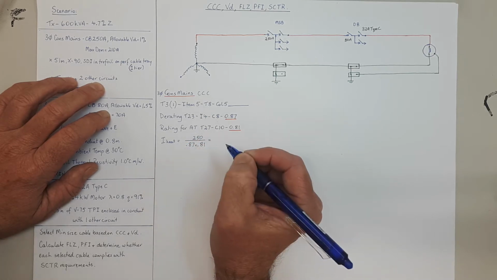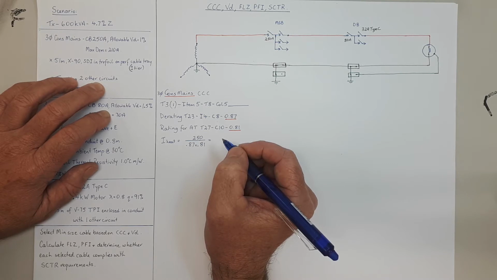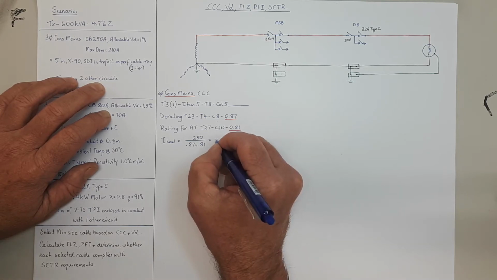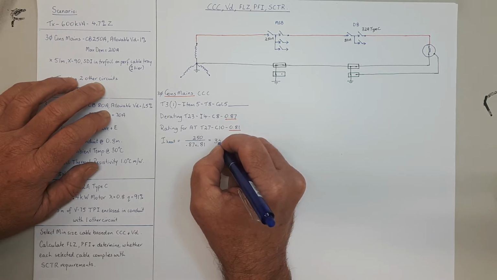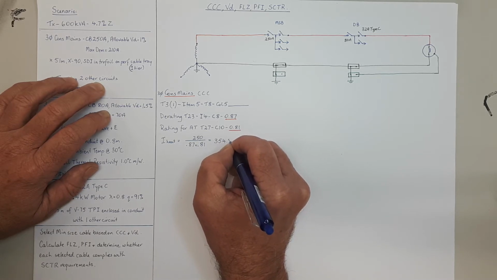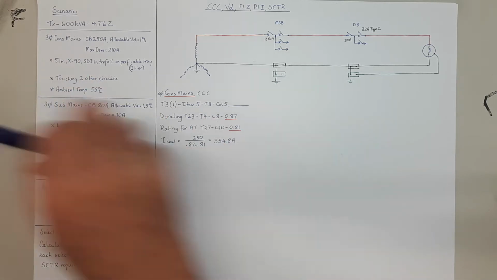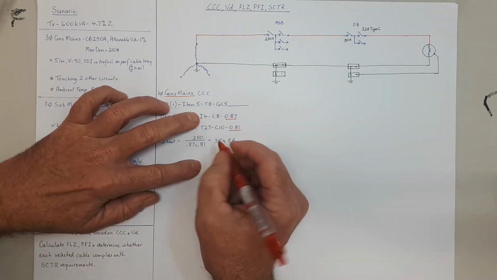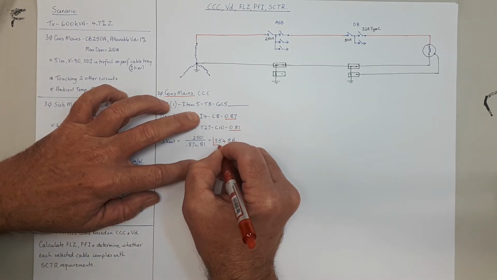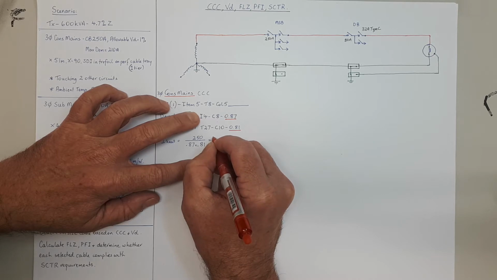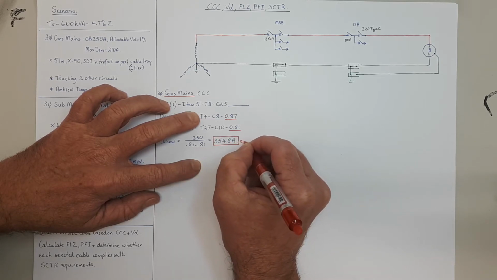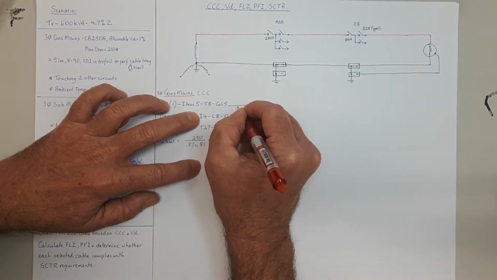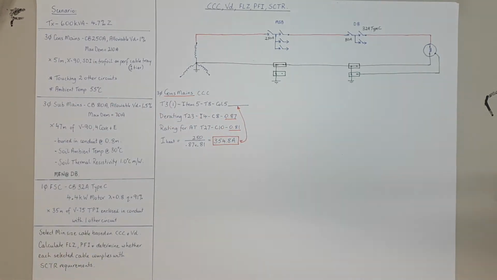Turns out we've got the equivalent heat of 354.8. So that, we need a cable that'll take a lot more than 250 amps because of the way it's been installed. And so we plug that number back into table 8, column 5.